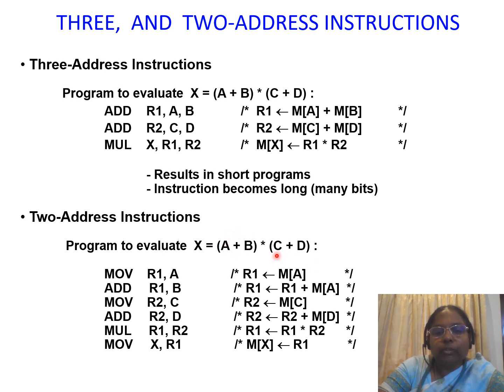In the same way, you move C to R2, then R2 is added with D, so R2 will contain the value C plus D. Now you multiply R1 and R2, and the result will be available in R1. Now from R1 you need to save it into the memory location X, so you give MOVE X, R1. This is how a two address instruction sequence is written for the expression A plus B into C plus D.